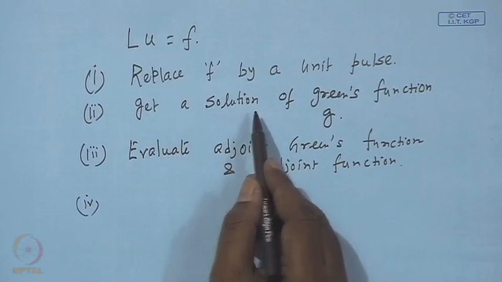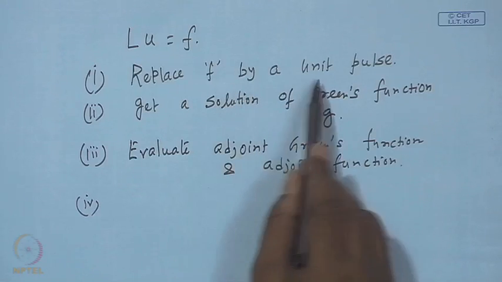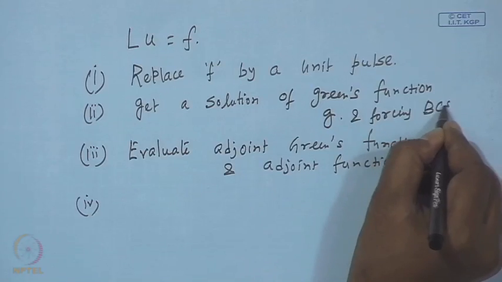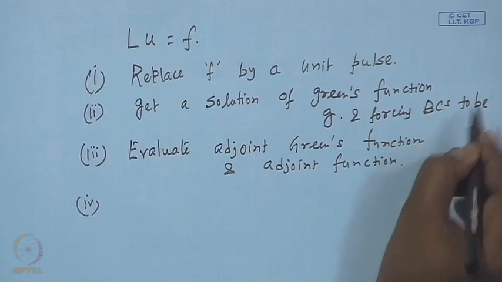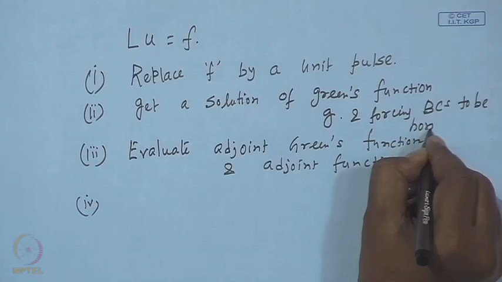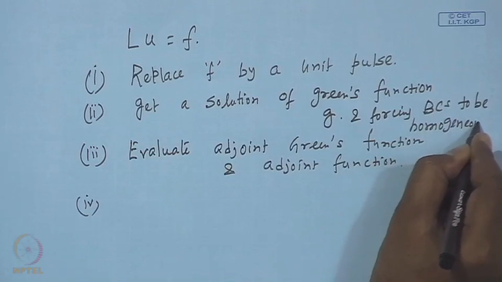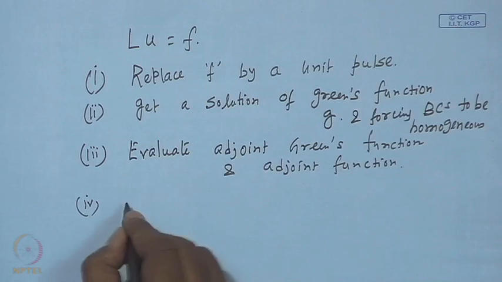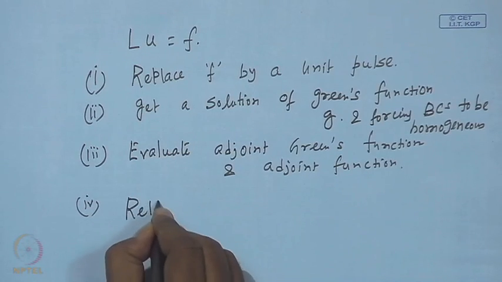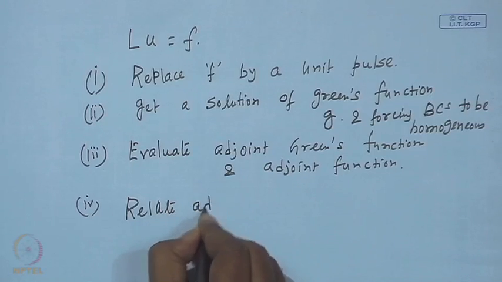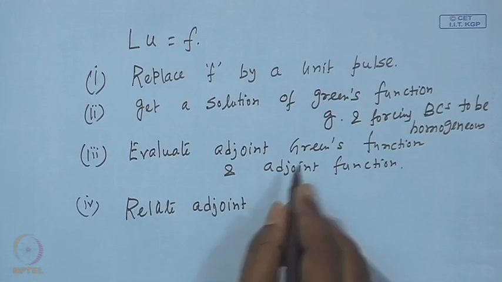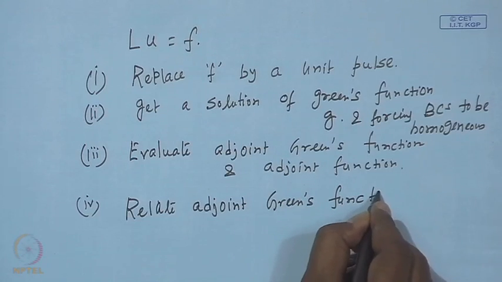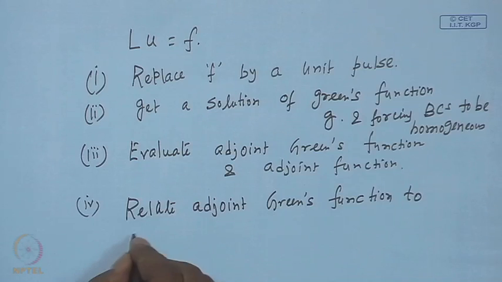So, we get a solution of Green's function g by replacing f by unit pulse and forcing boundary conditions to be homogeneous. We evaluate the adjoint Green's function and adjoint function, and then we connect or relate adjoint Green's function to actual problem u.